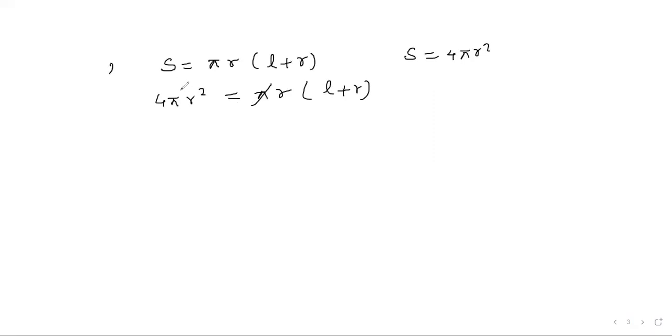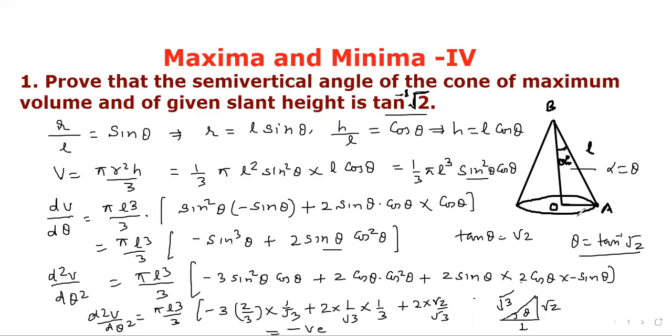Pi will cancel out, one r will cancel out, so we will be left with 4r equal to L plus r. This will give 3r equal to L. So if we redraw the triangle, this is R, this is H, this is L, and we have L equal to 3R.